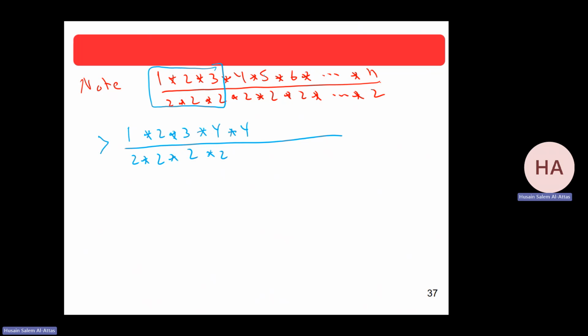So I have everything from here, I make it 4. For sure this will be greater than, yes, 5 greater than 4, 6 greater than 4, and so on. 1, 2, 6 times 4, and this is 2, the same.